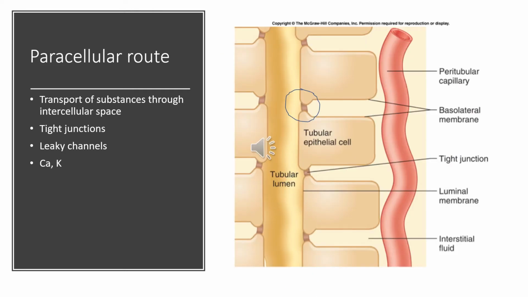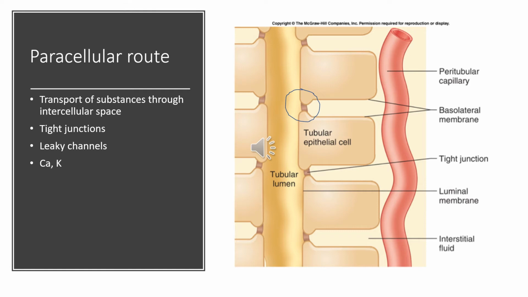In tubular epithelial cells, nearer to the apical membrane, there are tight junctions in between the cells, and next to them lies the lateral intercellular space where the interstitial fluid is present. These tight junctions are actually not so tight, they have leaky channels.